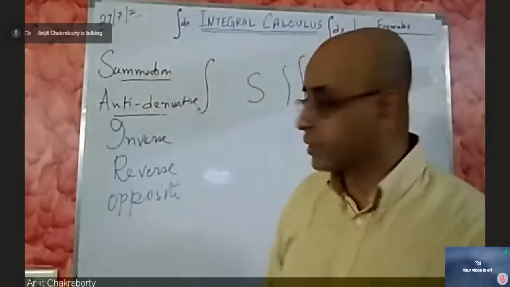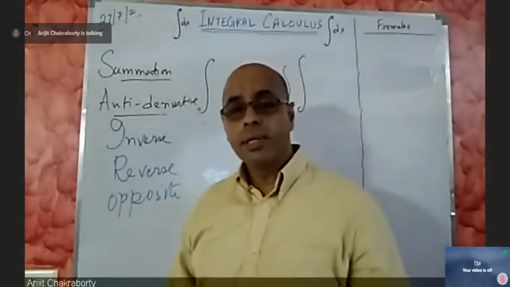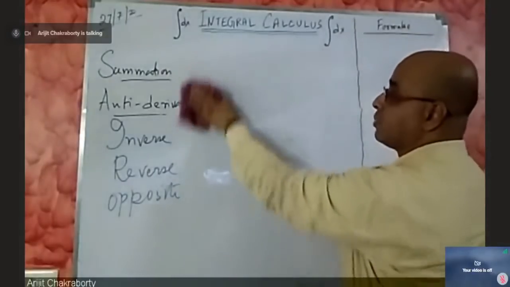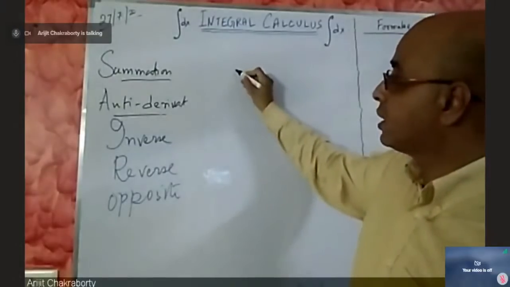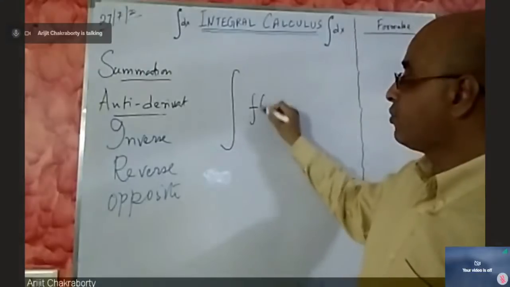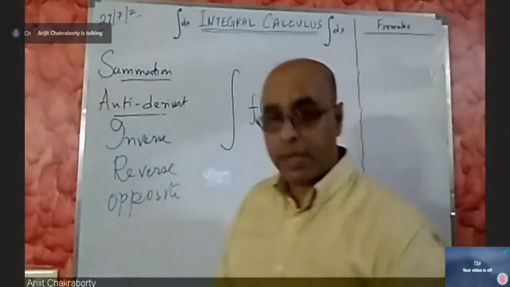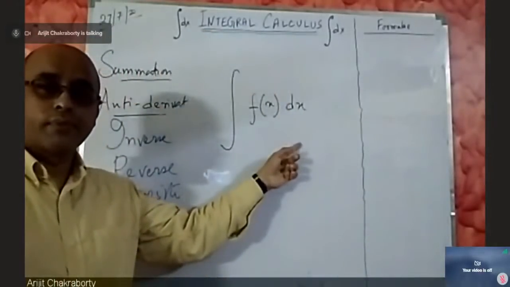And in general, if you see the way we write integral calculus, for example, I want to write the integration of f(x). So I will write like this. This is the symbol of integration, f(x) dx. That means I am integrating the function f(x) dx.